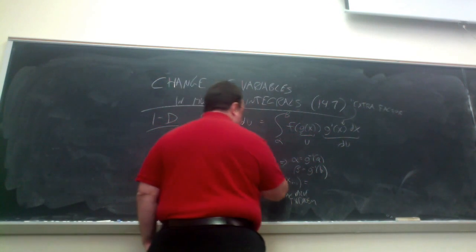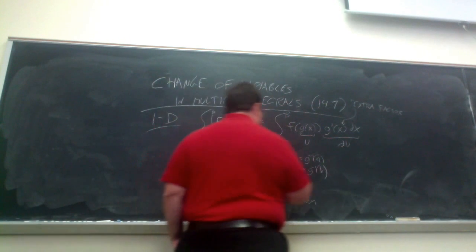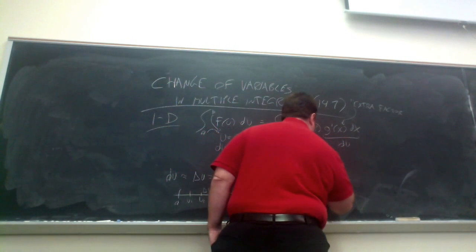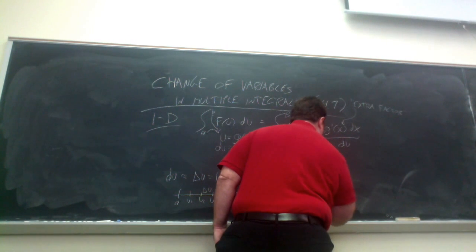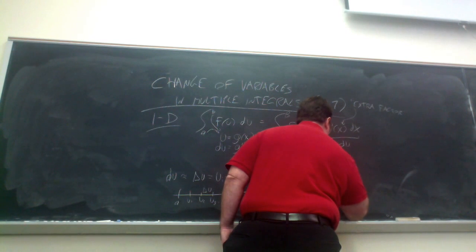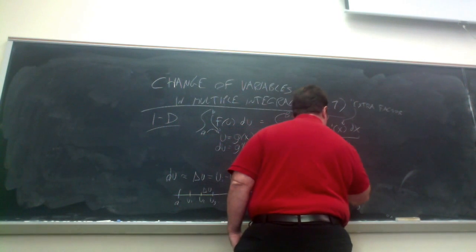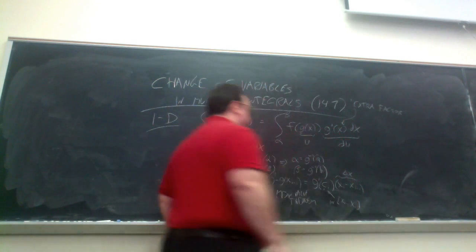Which says that a difference of function values, if the function is continuous, has a derivative, etc., is equal to the derivative at some unknown point, which I'll call c sub i, that's in between the x values, times the difference in x's, which is our delta x.